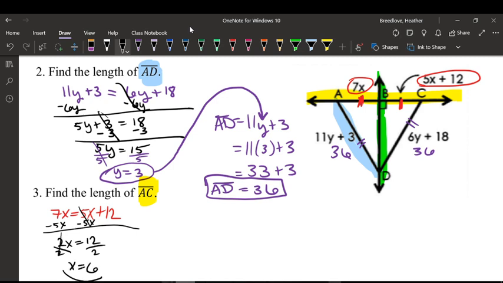So we've solved for x, but this says to find the length of AC. So we could plug this in to either side and then double it, right? So I could find the length of AB.